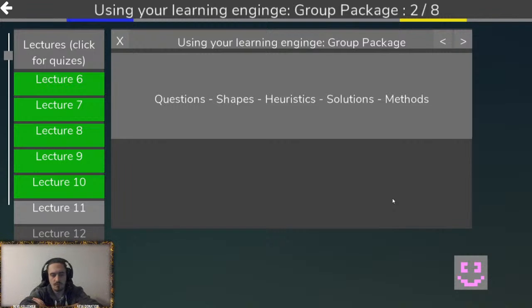You either have a question about something, or you've identified a shape, which is a state of the game board, and you're like, this shape is unique, so I want to recognize it as a thing. You either have a tip for yourself, which we generally file under heuristics, these tiny little rules of thumb. You either have found a solution to a puzzle, which is essentially the step-by-step instruction to solving that puzzle.